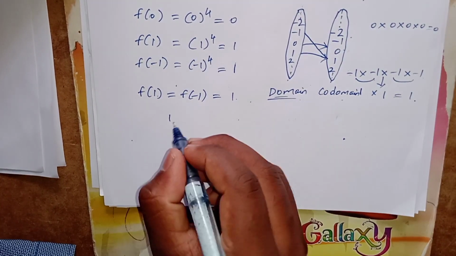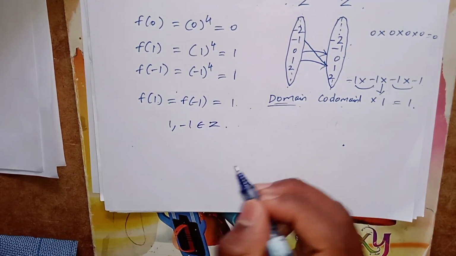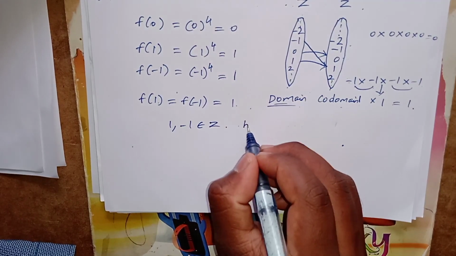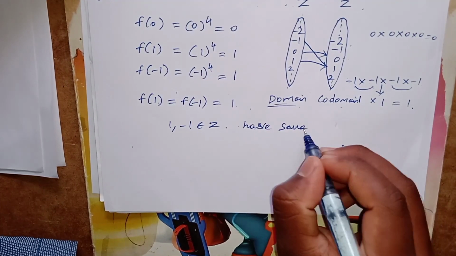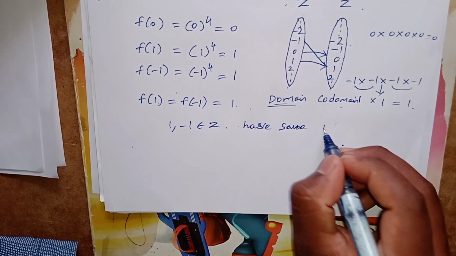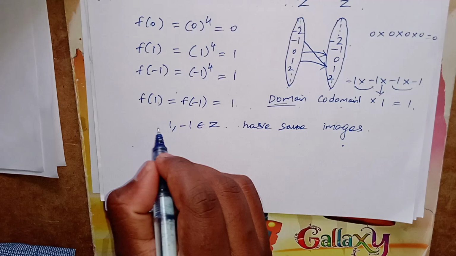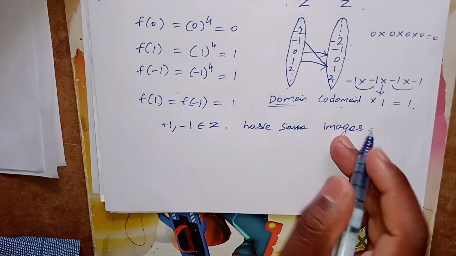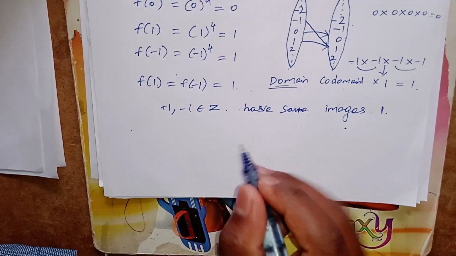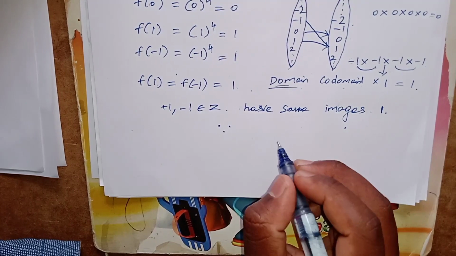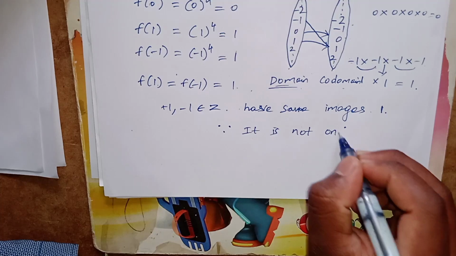Therefore 1 and minus 1, belonging to Z, integers, have the same image. Here plus 1 and minus 1 have the same image, 1. Therefore here it is a many to 1 function. Therefore, you should write it is not a 1 to 1 function.